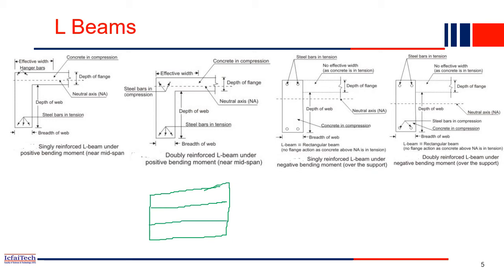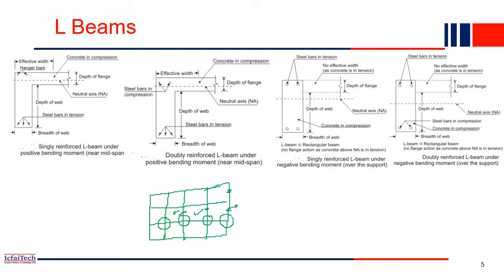Okay, so these beams are actually T-beams, whereas these corner beams, if you see, are actually L beams. So this is an L beam, this is an L beam, but these are actually T-beams, because on both sides you will find a slab, this side also slab, this side also slab.